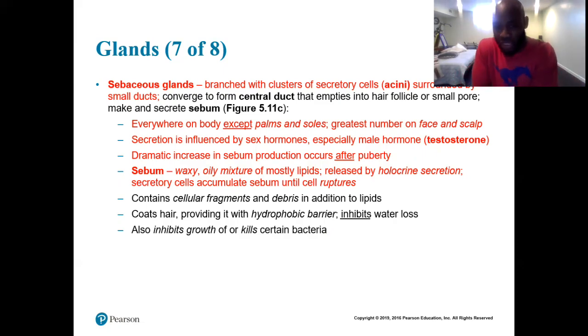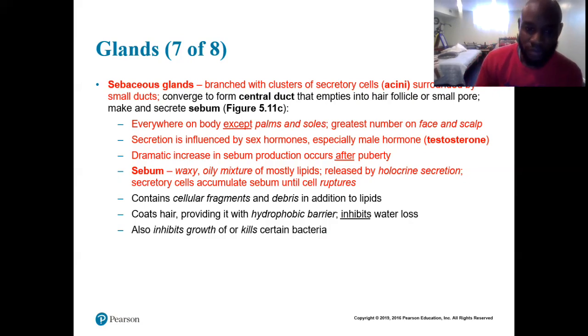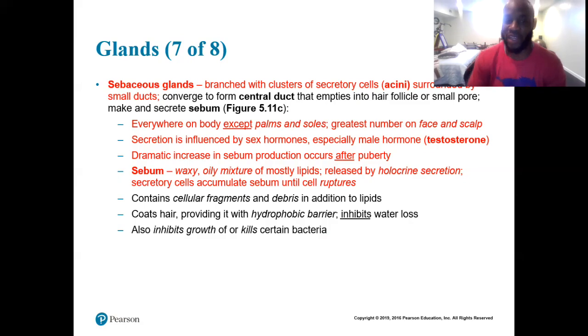Sebum is a waxy, oily mixture of mostly lipids released by holocrine secretion. Holocrine is different from exocytosis. In exocytosis, you're releasing a vesicle to the surface, and it releases its contents out of the cell. In holocrine secretion, the actual secretory cell fills up with sebum, and then the whole cell bursts and the sebum is released that way.